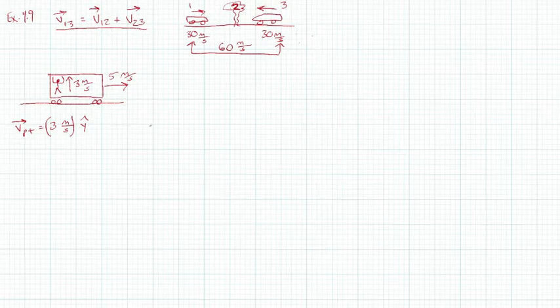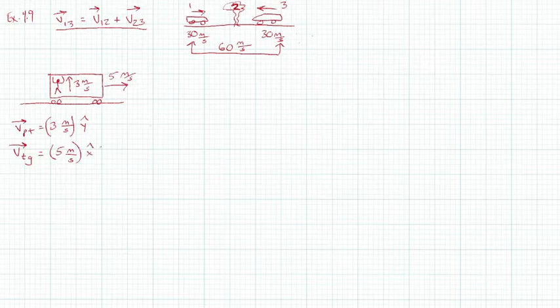Well, what other velocity do we know? We know the velocity of the train with respect to the ground, velocity TG, and that is 5 meters per second. And since it's moving horizontally, or it's moving in the x direction, we can say that is x hat.